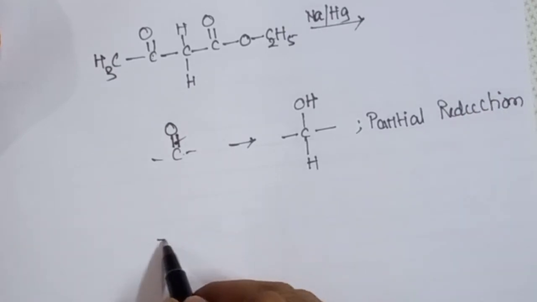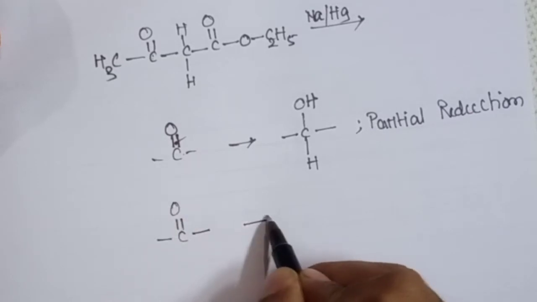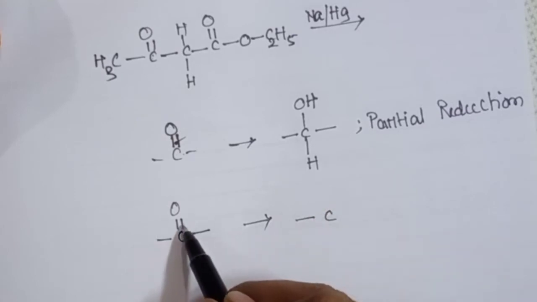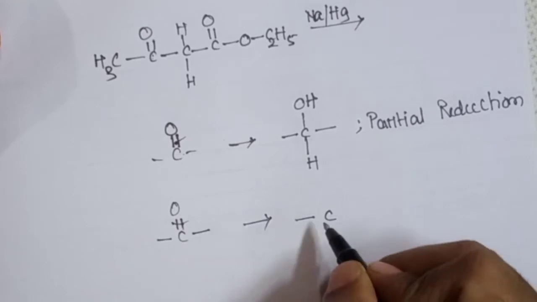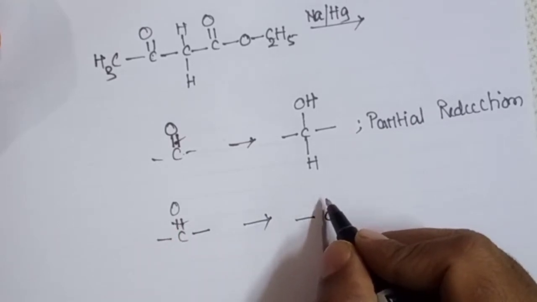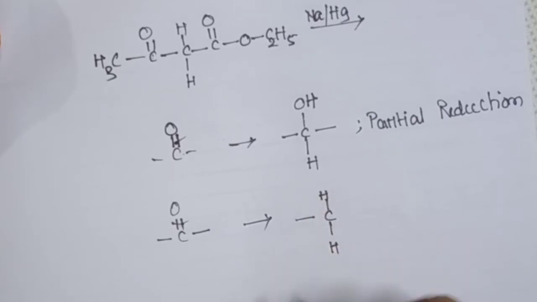And if it is broken completely, then this one is broken, and this one is broken. Due to the breaking of both the carbon-oxygen bonds, one hydrogen will be here, another will be here.